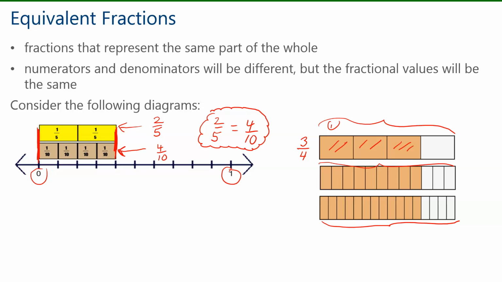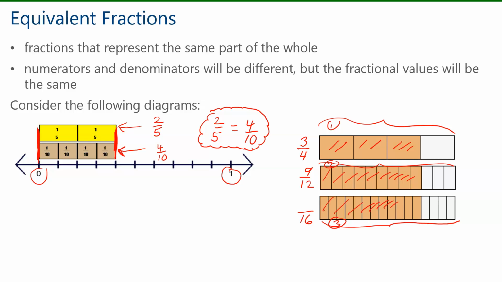In my next whole, number 2 here, this one has been divided into 12 equal sections. And we have 9 of those sections that have been shaded, thus representing the fraction 9/12. And then in the third rectangle, this one has been divided into 16 equal sections.